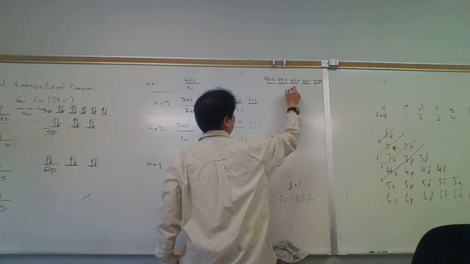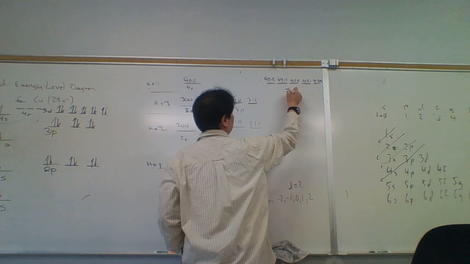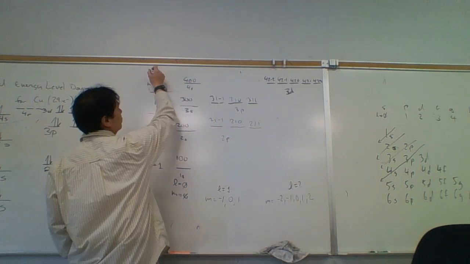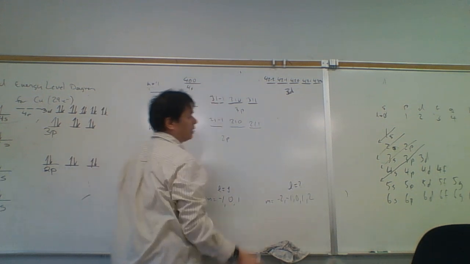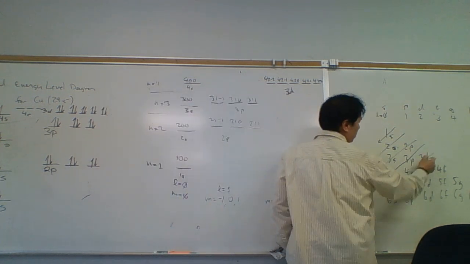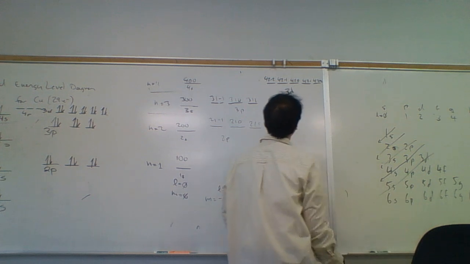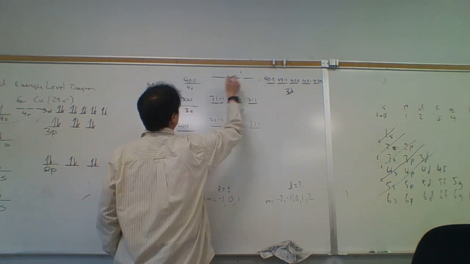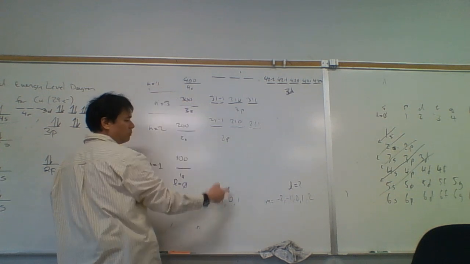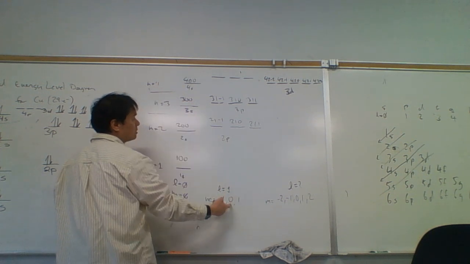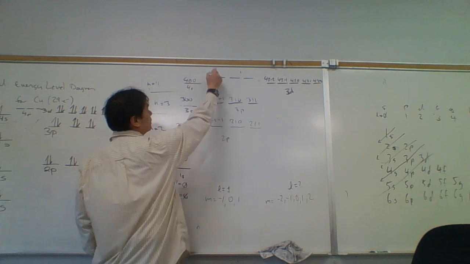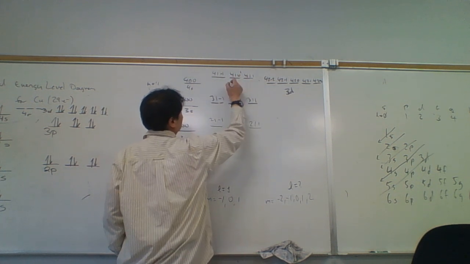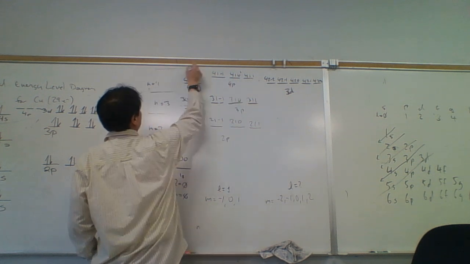That takes care of the 3D subshell. And then to complete the fourth shell, after the 3D, we need the 4P here. So we'll put in 4P here. The 4P would just be a 4, 1, minus 1, 4, 1, 0, and a 4, 1, 1. And that completes the fourth shell.